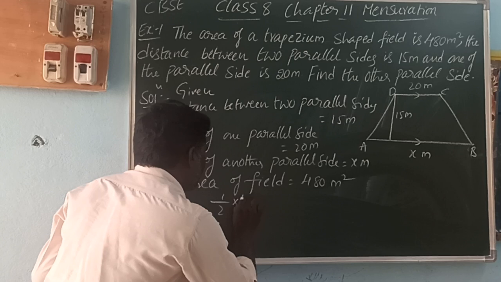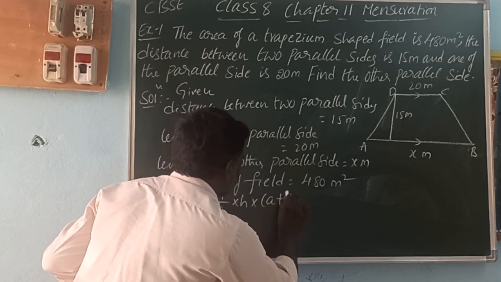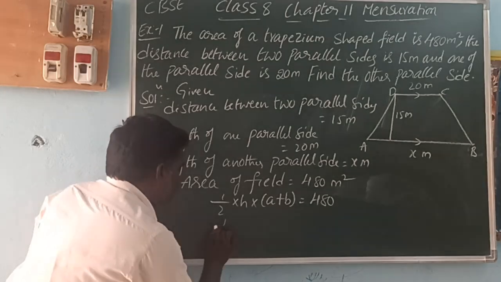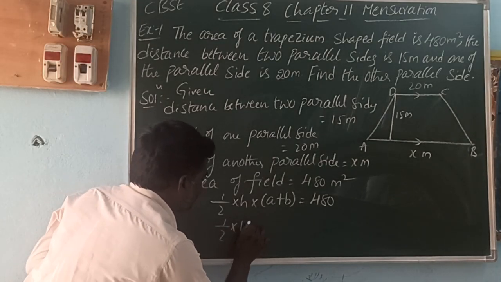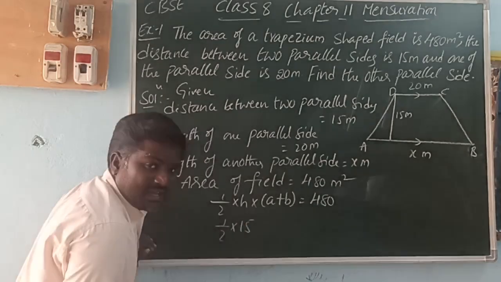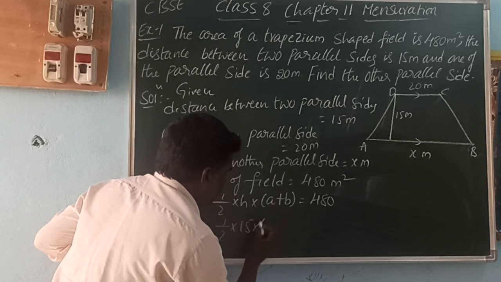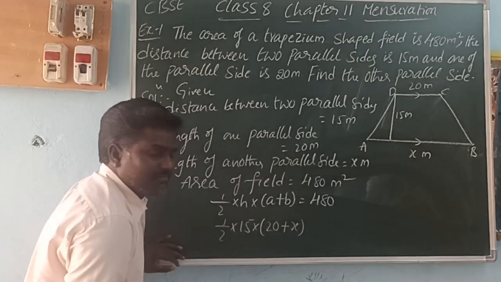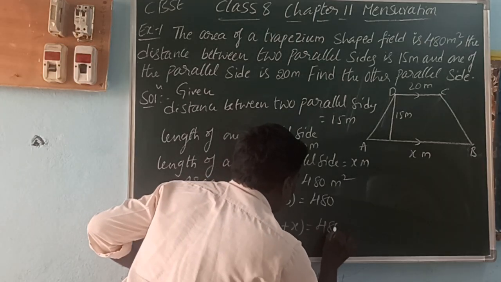So the area of trapezium, the formula: 1 by 2 into h into a plus b is equal to 480. So 1 by 2 into h, height is nothing but the distance between two parallel sides, 15, into a plus b, that is 20 plus x, is equal to 480.